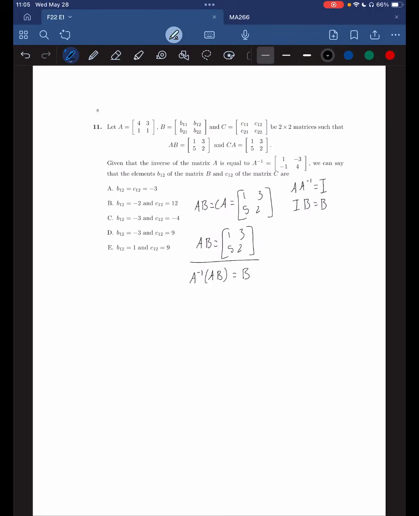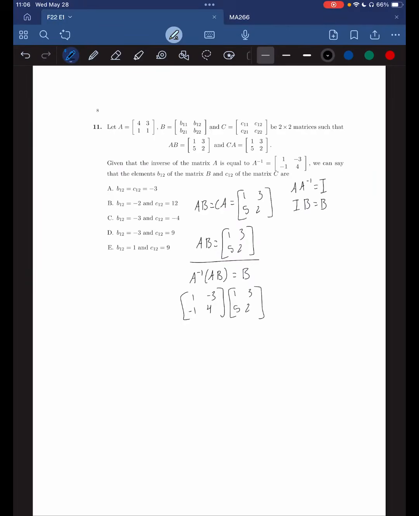Right, because when we multiply matrices, we go left to right. A inverse times A is I, times B is just B. So all we have to do is multiply those matrices together. We know what AB is, and we know what A inverse is: [1, -3; -1, 4] times AB, which is [1, 3; 5, 2].